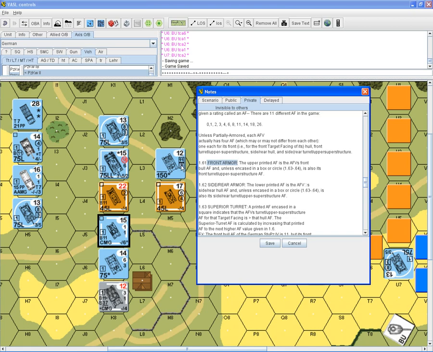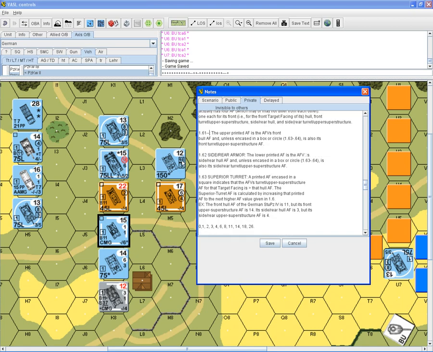And the number on the bottom represents its side and rear armor. So the number on the top is its armor value for its front, and the number on the bottom represents its side or rear armor factors.